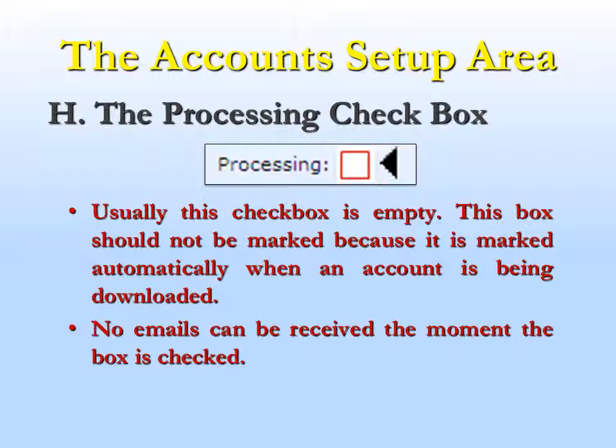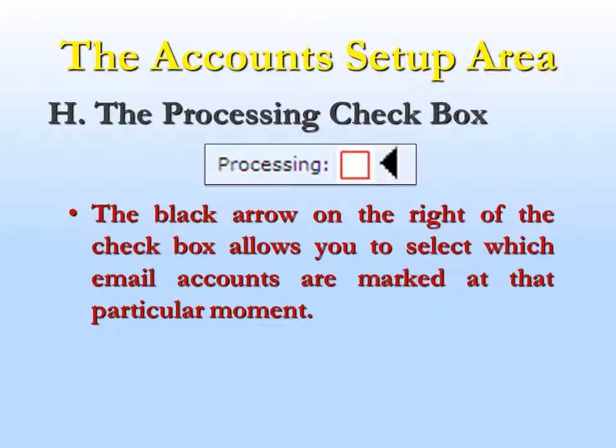Usually this checkbox is empty. This box should not be marked because it is marked automatically when an account is being downloaded. No emails can be received the moment the box is checked. The black arrow on the right of the checkbox allows you to select which email accounts are marked at that particular moment.